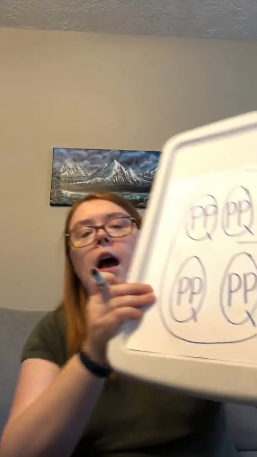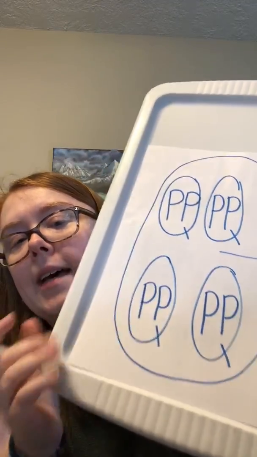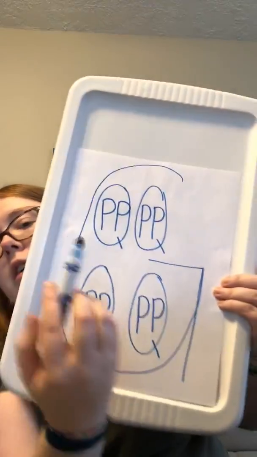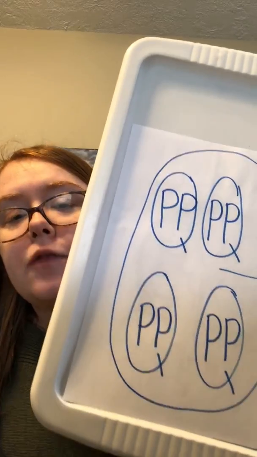So I will show you what mine looks like. And this is going to take you just a little bit longer. Okay, I want you to make sure that you have space right here for some more letters to go inside the P. But there's 1 prince and 1 princess for every queen.